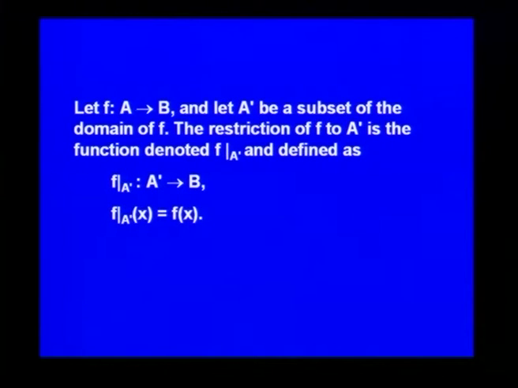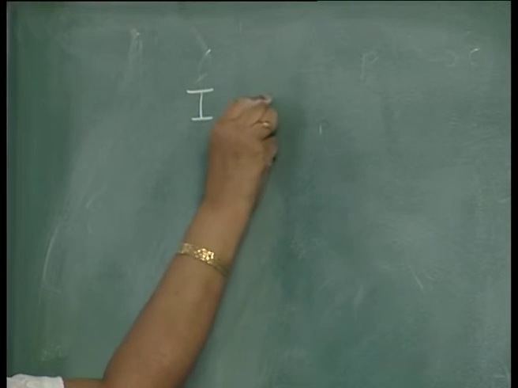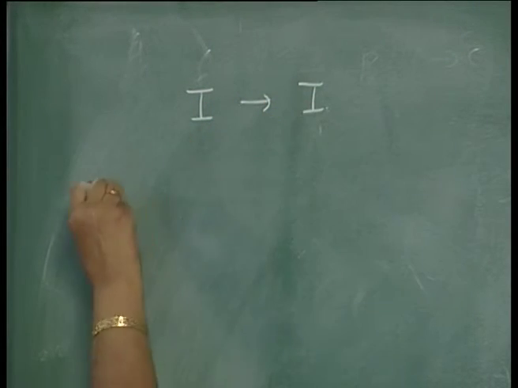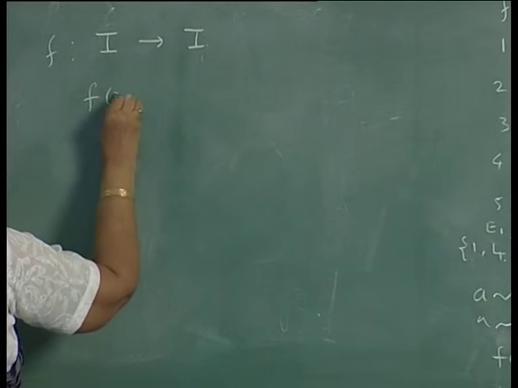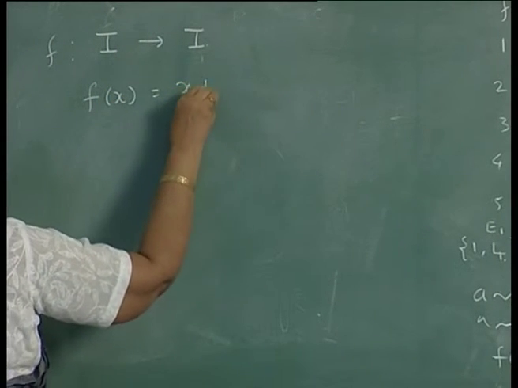Now, we talk about extension of functions and restriction of functions. Sometimes you may have a function defined like this. Say you take the set of integers to set of integers and define f of x is equal to x plus 1.